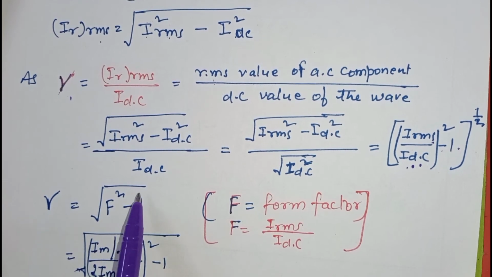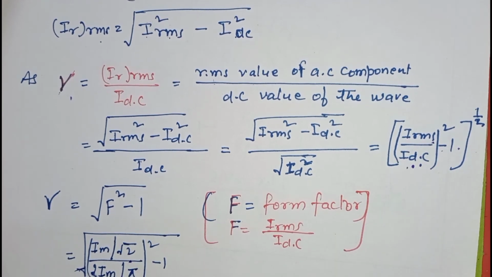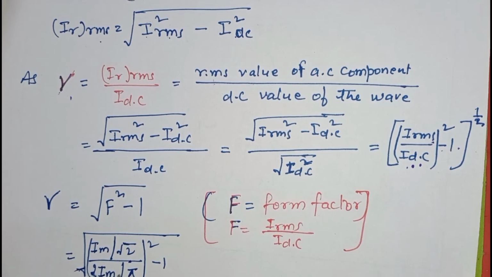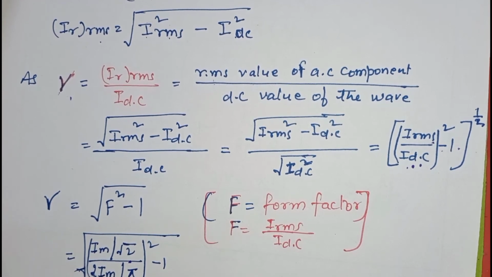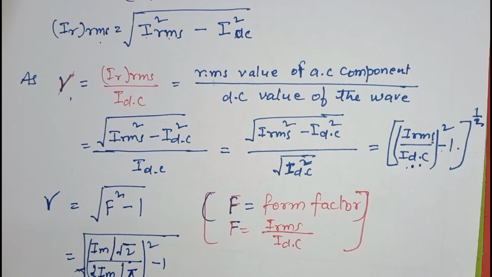So the equation becomes root of F square minus 1. The value of IRMS is Im upon root 2, as we have calculated earlier, and the value of IDC is equal to 2Im upon pi. After calculating this we will get the value 48%. So the ripple in case of center tap full wave rectifier is 48%.